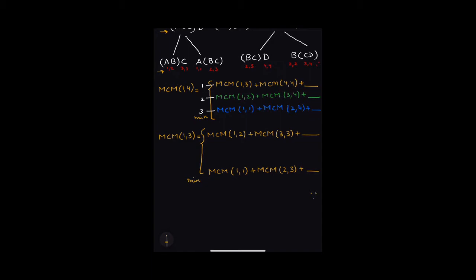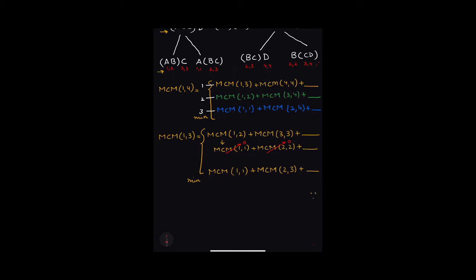So for MCM 1, 2, I can further write it as MCM 1, 1 plus MCM 2, 2 plus some cost. Now we have already discussed that if i is equal to j, I'm going to straight away put the value as 0. Again, I'm also going to put the value of this as 0.